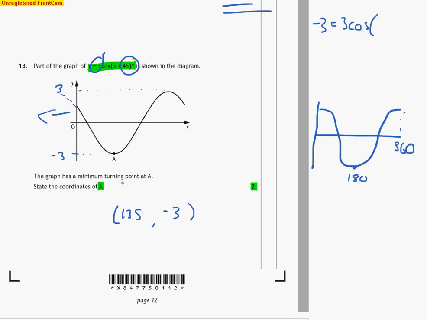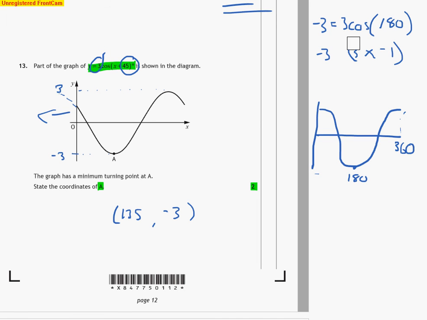So if we said that's 135, so x represents 135 plus 45 gives us 180, okay. Now, cos of 180, we know gives us minus 1. So minus 3 times minus 1. Yeah? Not times, sorry, equals.